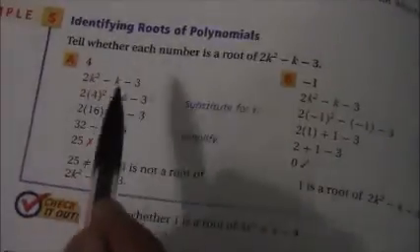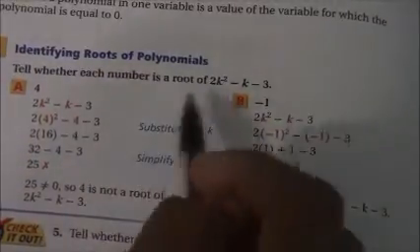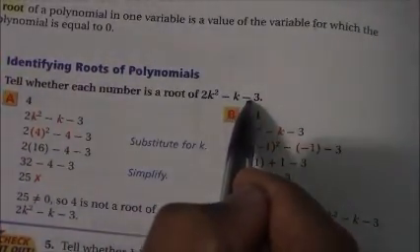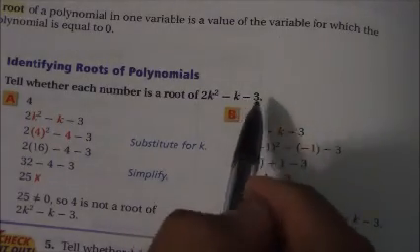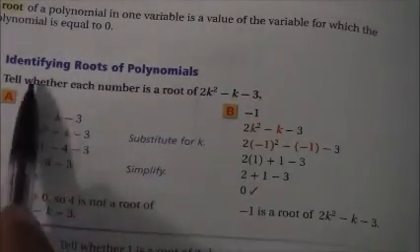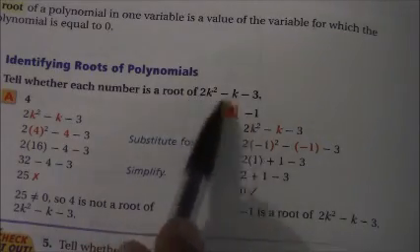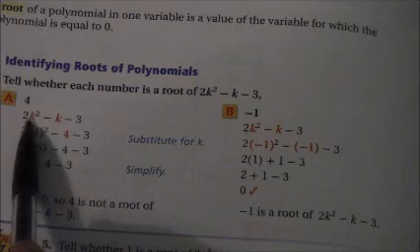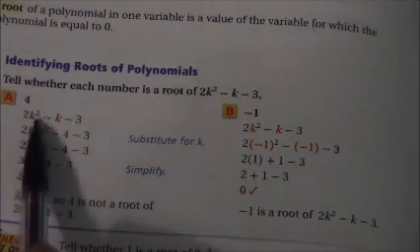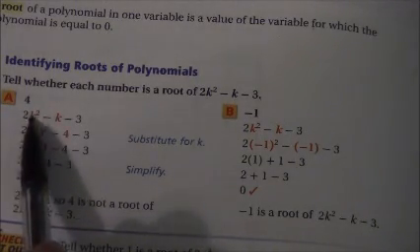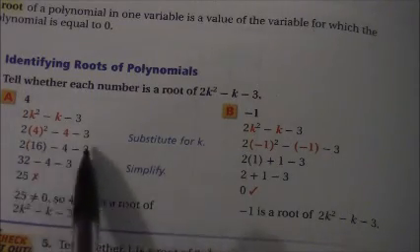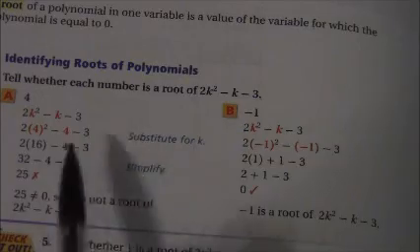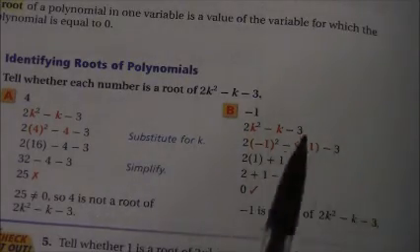So basically, if I gave you a polynomial like 2k squared minus k minus 3, and told you to tell whether each number is a root of that, I would give you a number, and you would just plug it in for the variable and see if it equals 0. If it equals 0, it is a root. But if it doesn't, then it's not a root.